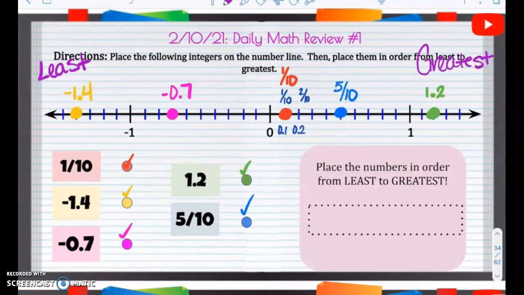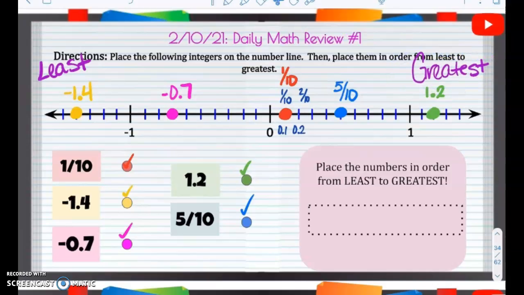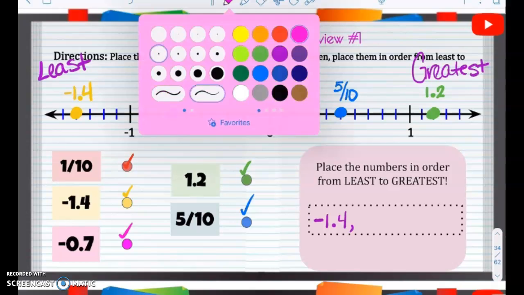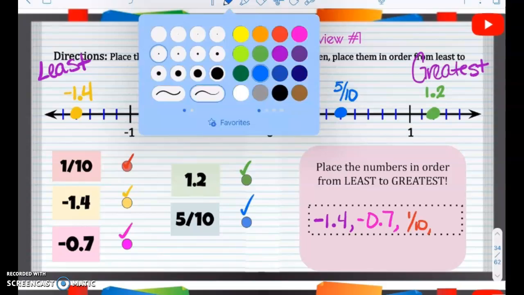So the smallest number is -1.4, or -1 and 4/10. Then we're going to have -0 and 7/10. Then we're going to have 1/10, and then 5/10.